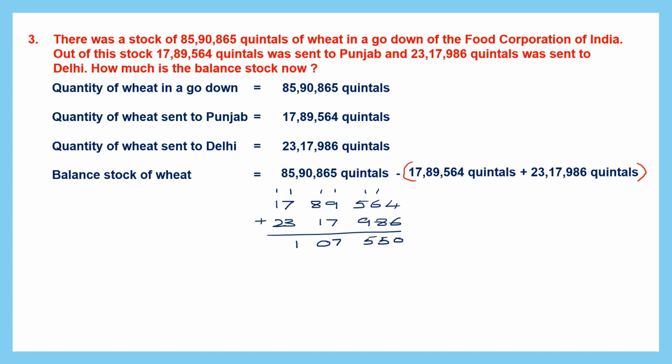Then 1 plus 1 is 2. 2 plus 2 is 4. So this is the amount of wheat that was sent to Punjab and to Delhi.